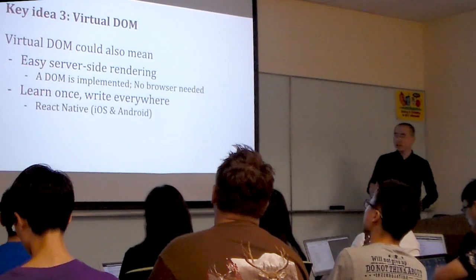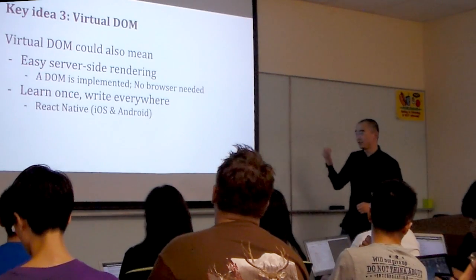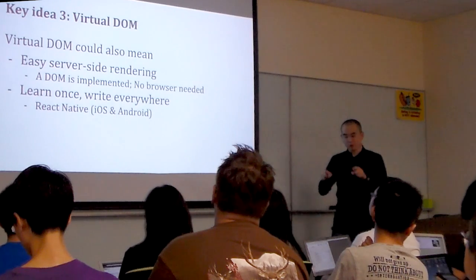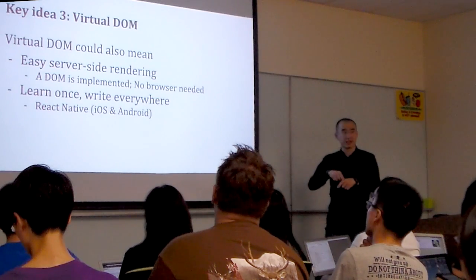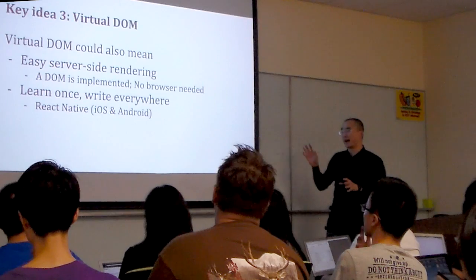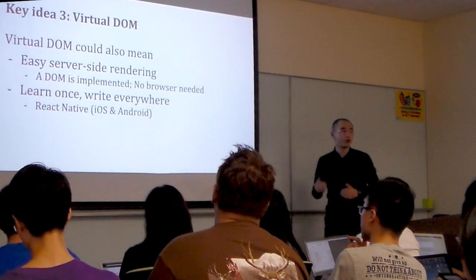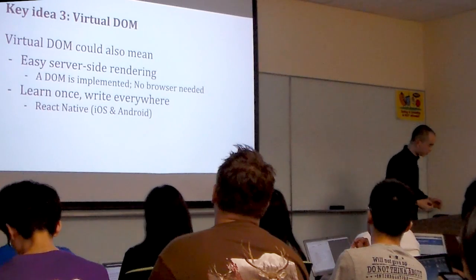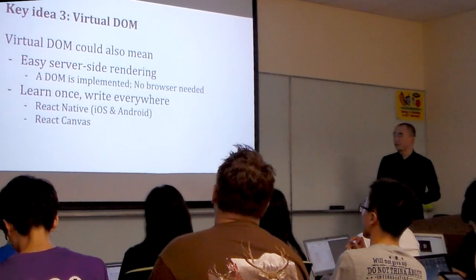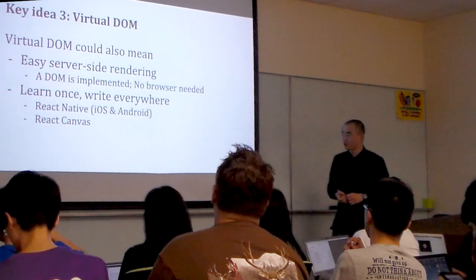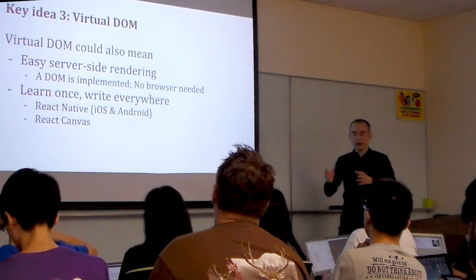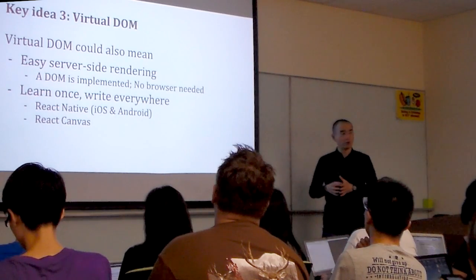There is React Native, which works on iOS and Android. But I'm not saying that you write one app and it can automatically compile to iOS. You still need to write twice. But it's the same logic, it's the same syntax. Also, there is a library called React Canvas, which ignores the DOM almost altogether.